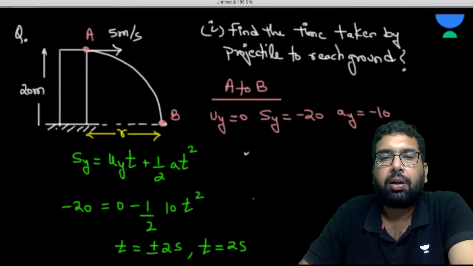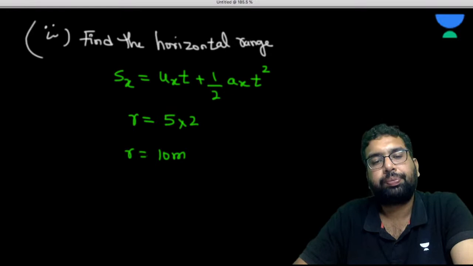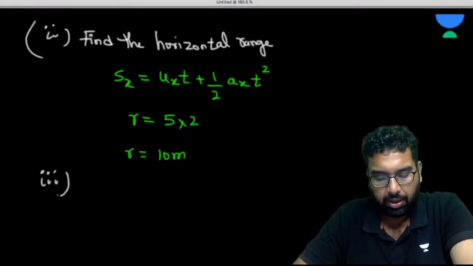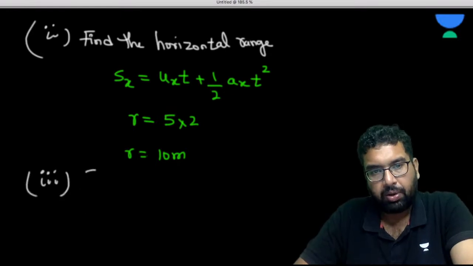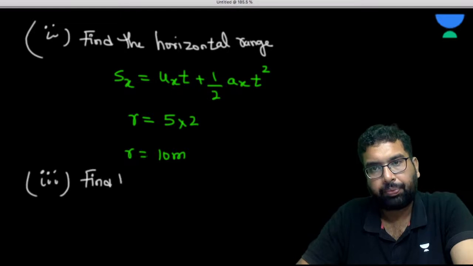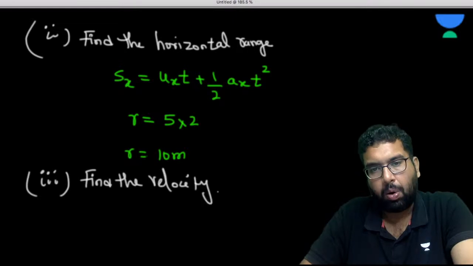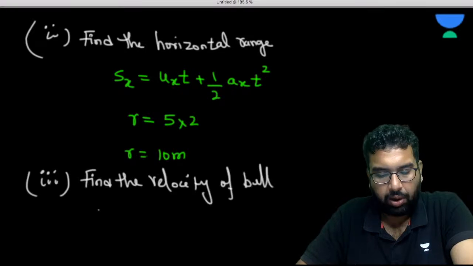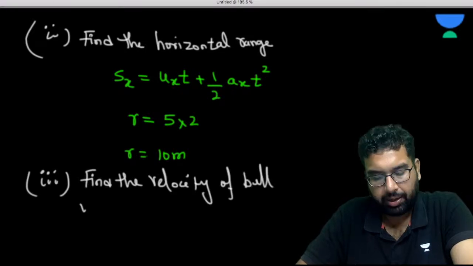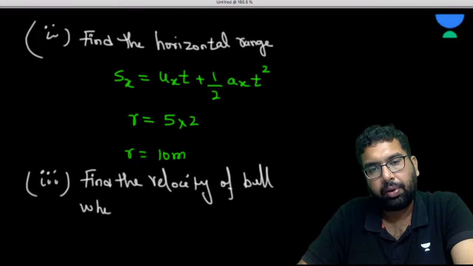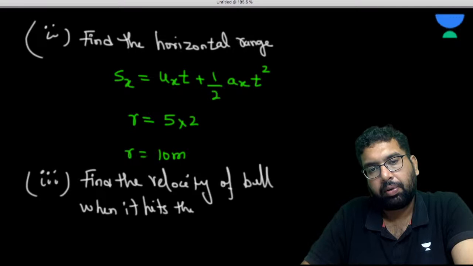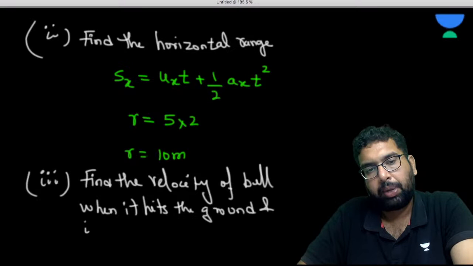Now let's do the third part of this question. In the third part, find the velocity of the ball when it hits the ground, and its speed.